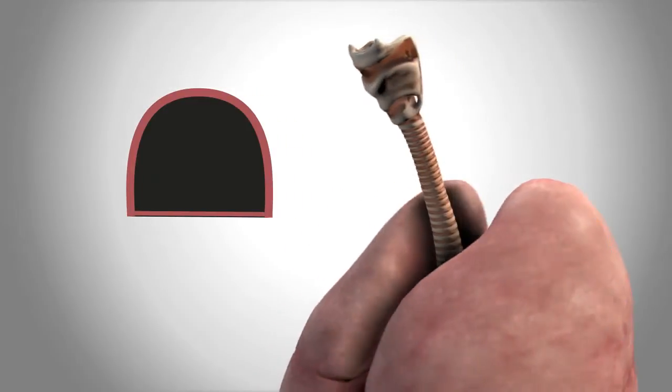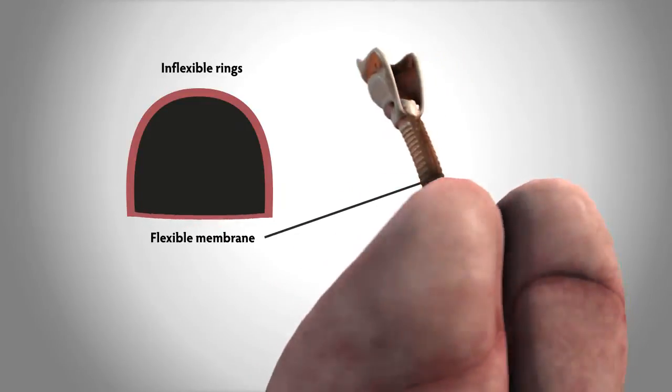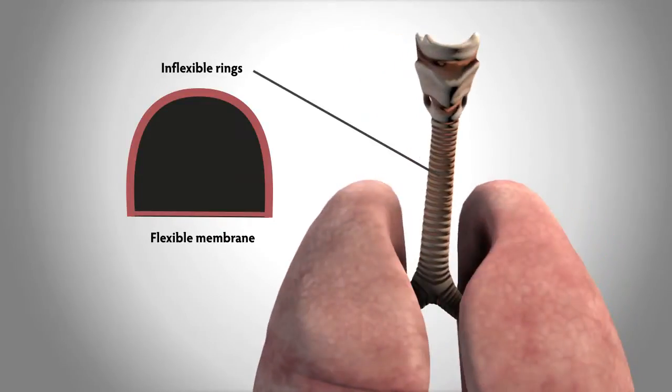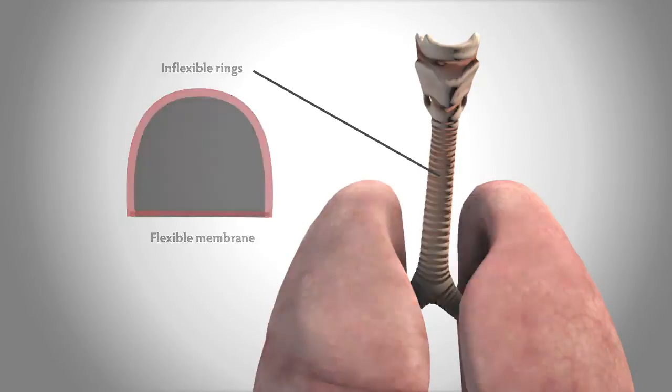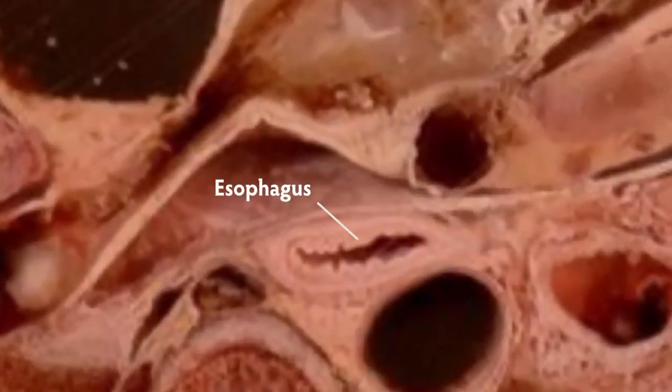A coin in the trachea is going to be oriented from front to back in the sagittal plane because the posterior membrane of the trachea is very flexible, as opposed to the inflexible cartilaginous rings that are in the anterior part of the trachea. In contrast, the normal collapsed lumen of the esophagus is oriented from side to side in the coronal plane.